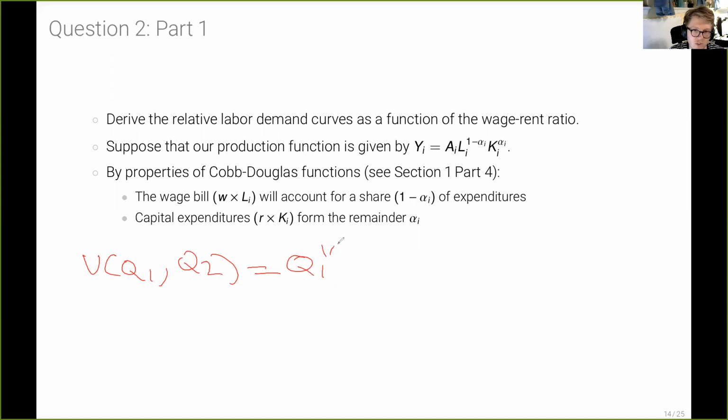And suppose, just for simplicity, that our utility function is equal to q1 raised to the half times q2 raised to the half.